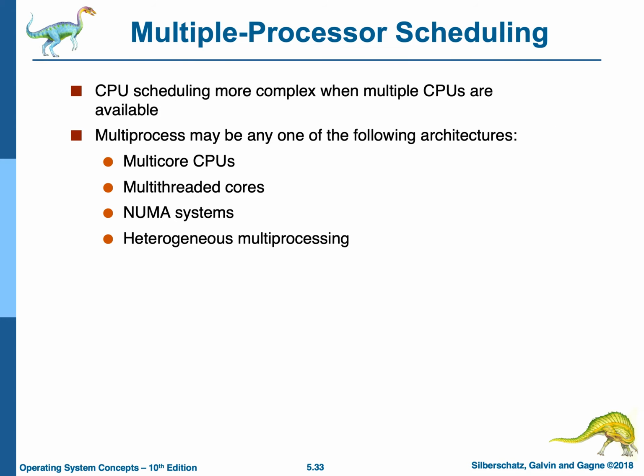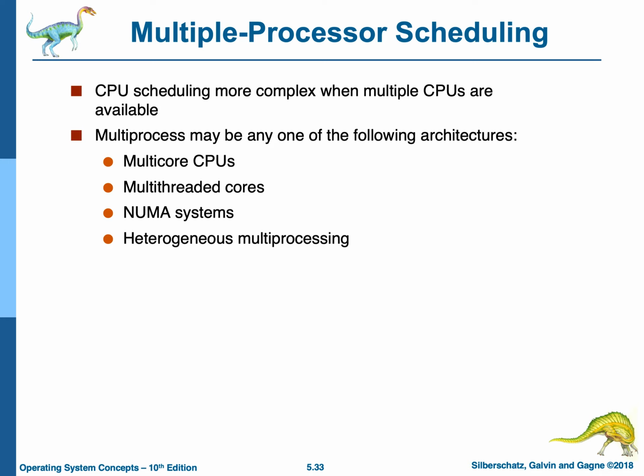Then we have multiprocessor scheduling, which involves multiple CPUs or multiple CPU cores. Until now we were considering that there is one CPU, but in real systems it is most often the case that we have multiple CPUs where we have to allocate the jobs.